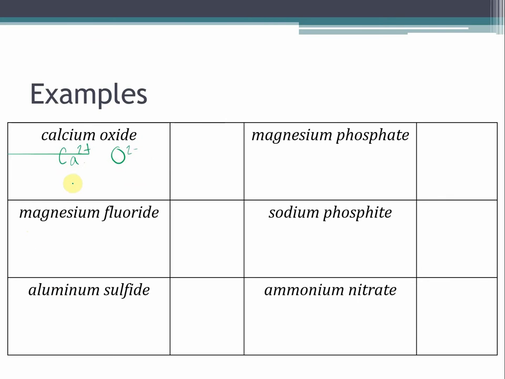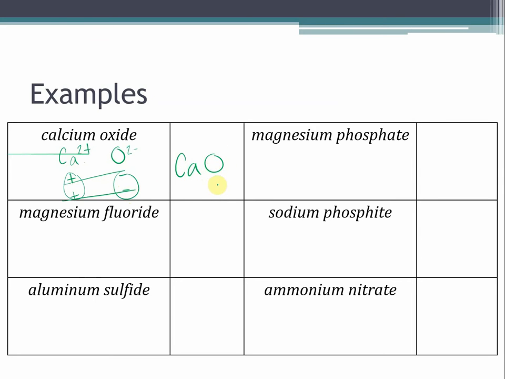So we have 1, 2 positives from our calcium and 1, 2 negatives from our oxygen. And these will get together, they will cancel out to 0. And we only needed 1 calcium and 1 oxide to make that happen. So to write our formula, we will write Ca and then O. So this is how you write the formula for calcium oxide.